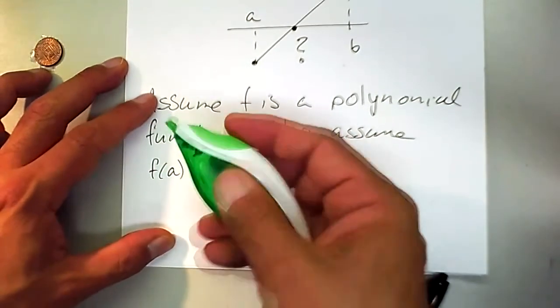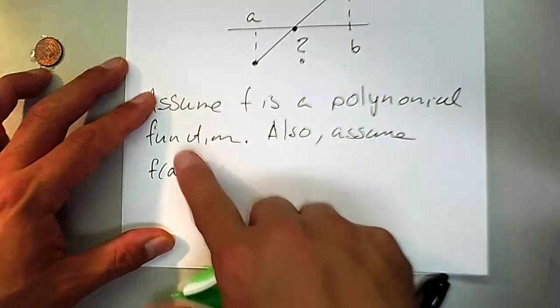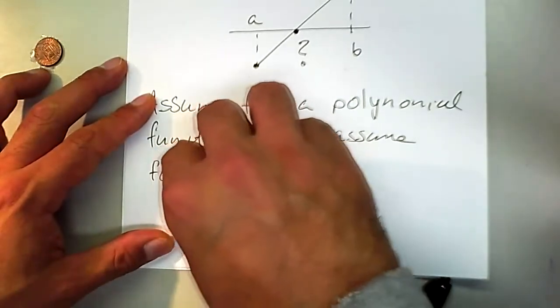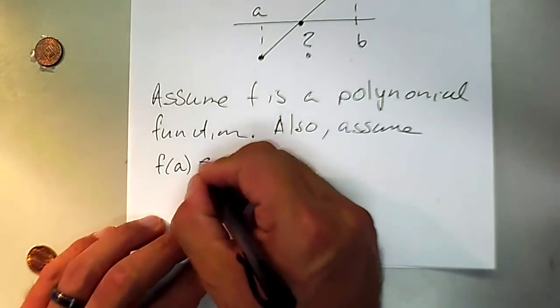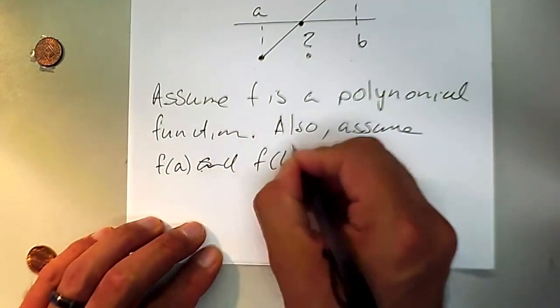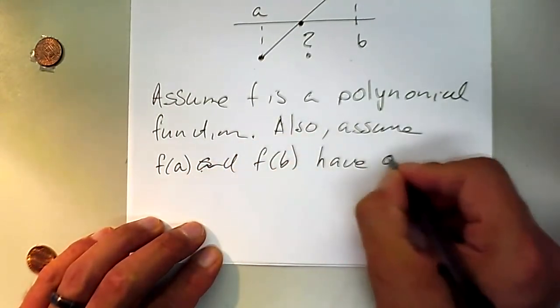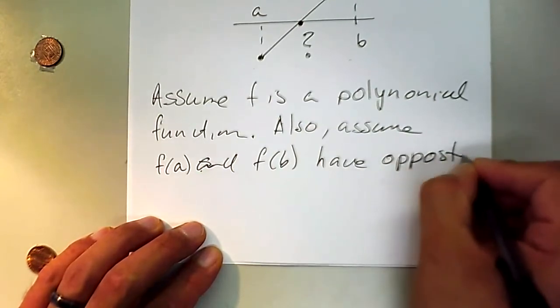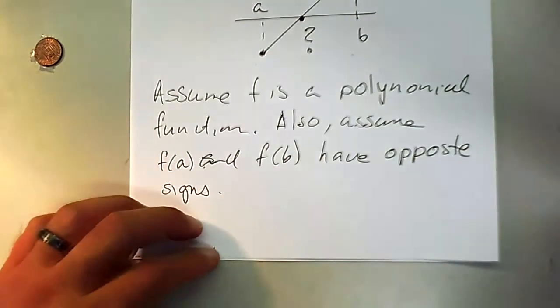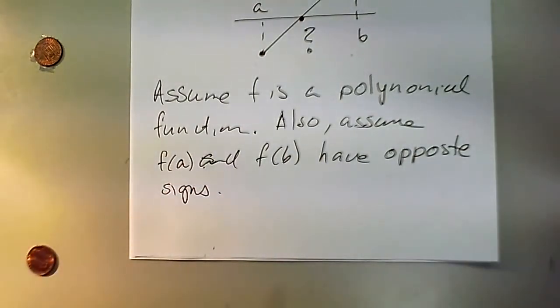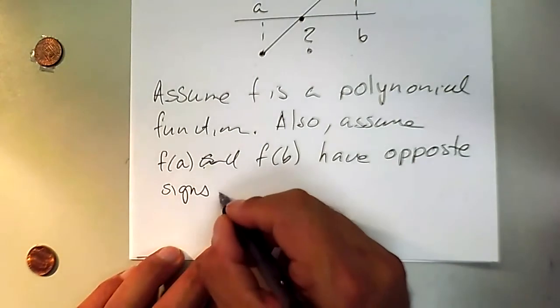Assume f of a and f of b have opposite signs. That means one is positive and the other one is negative. Which one is positive and which one is negative? We don't know and we don't necessarily care.